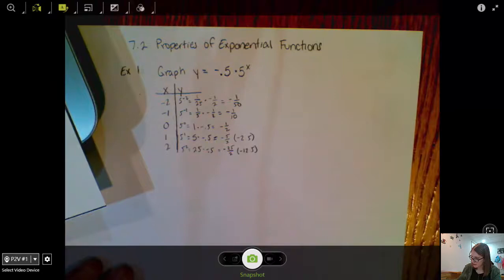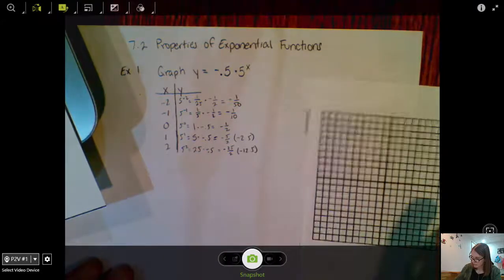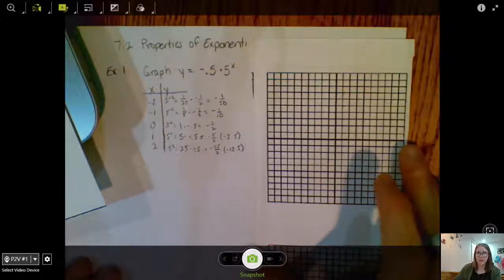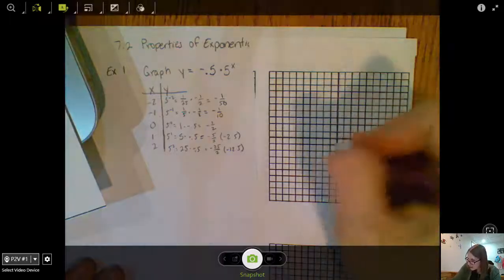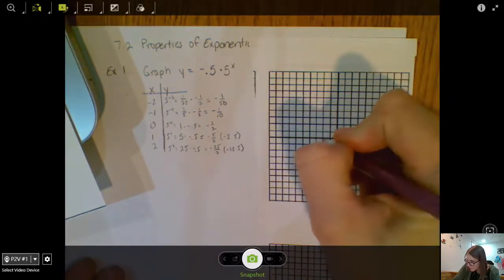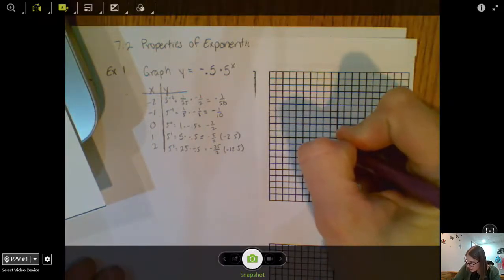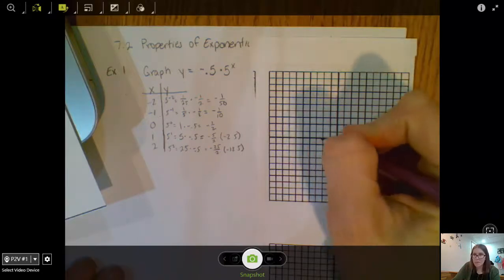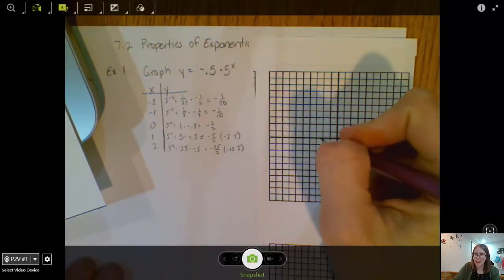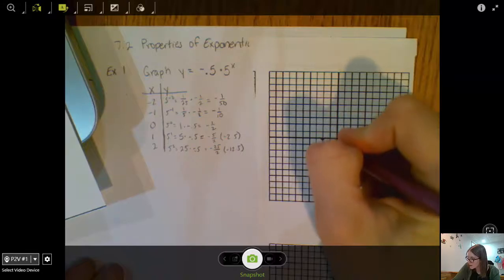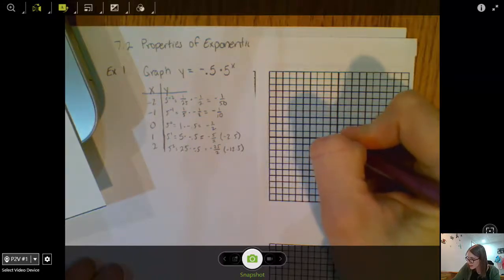So let's graph this on my graph paper here. So -2, -1/50th. And I'm just going to try to make that right below the x-axis. -1, -1/10 is still going to be right below the x-axis.